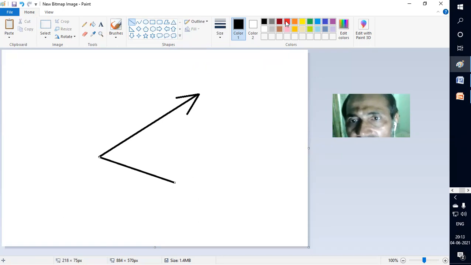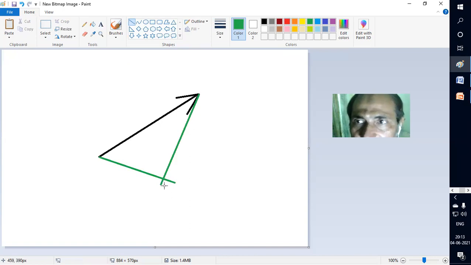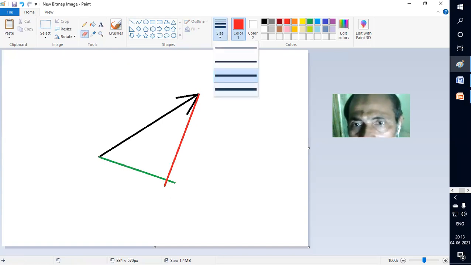I'll change its color. And in addition to that, I'll take another vector like this. I'll change its color like this. Now, in terms of this green and red, I can write here, this is forming one triangle.